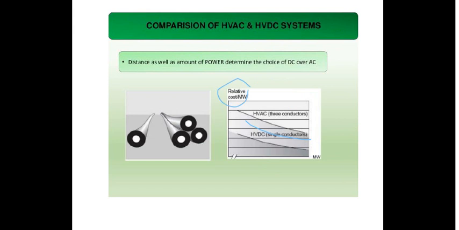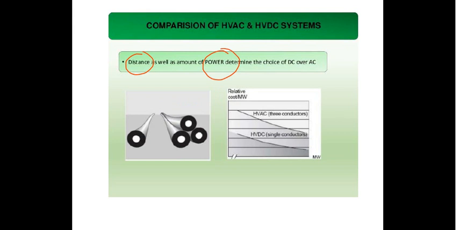That is just because you make use of more conductors in an AC system compared to the DC system for the same amount of power to be transmitted. This is another thing to be kept in mind. So the distance as well as the amount of power determines the choice of DC systems.